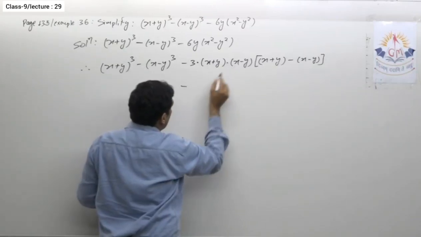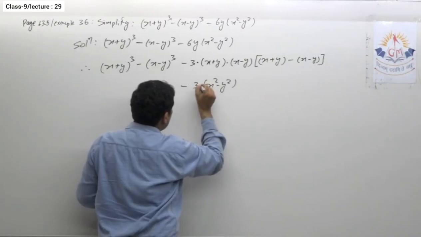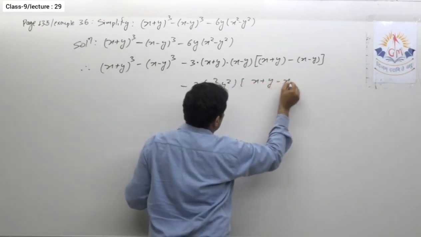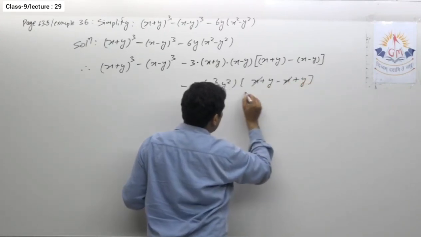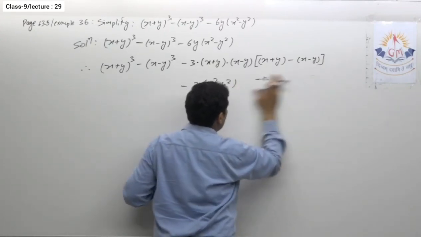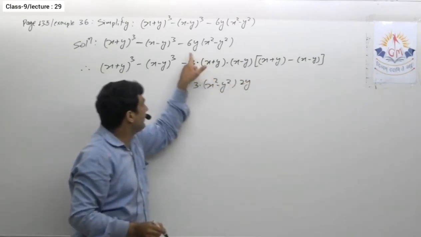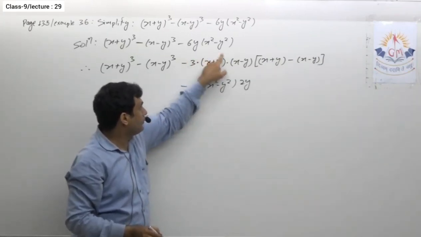This (x plus y) (x minus y) gives you x square minus y square. This 3 remains as it is. Now over here, if you open the bracket, simply you can see plus x will cancel out, and instead of this, what I am going to get is 2y. Now to check whether you multiply this, are you getting this or not? Yes. 3 into 2, 6, y (x square minus y square).